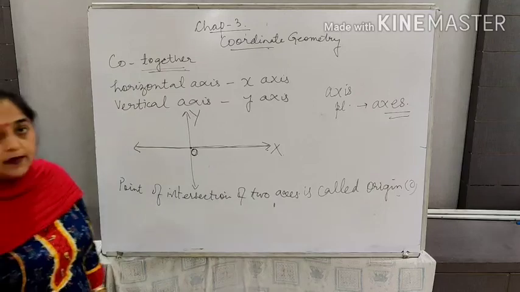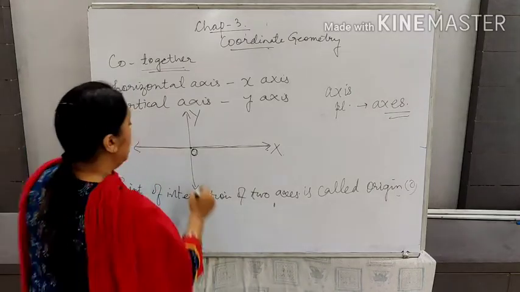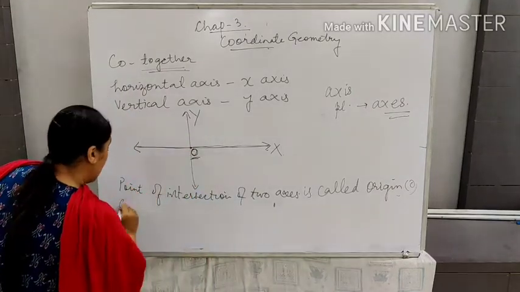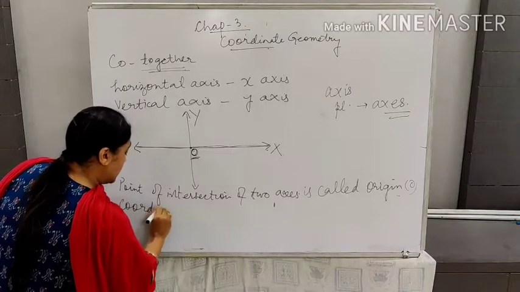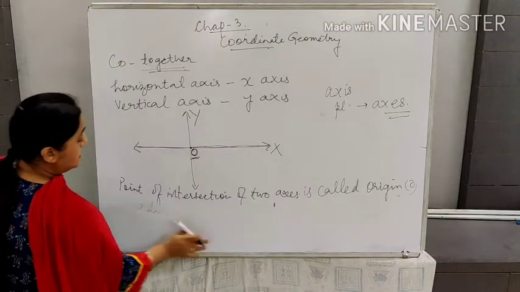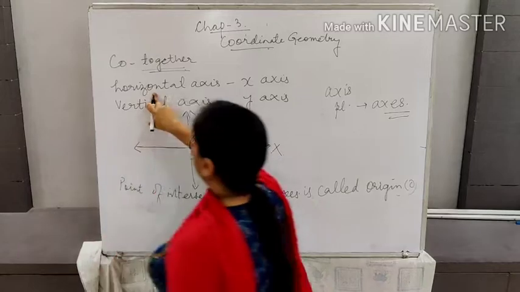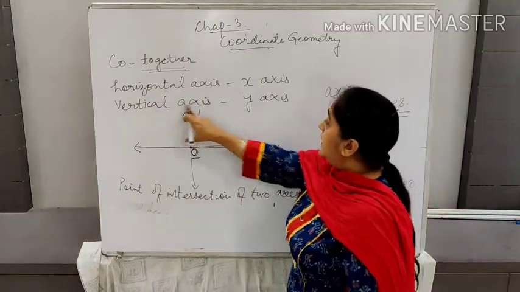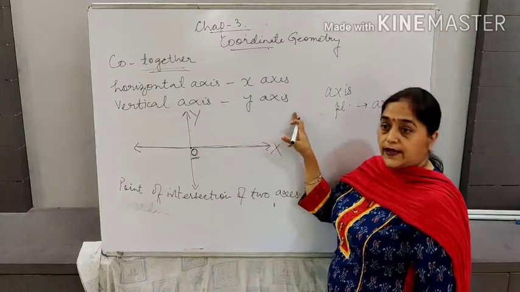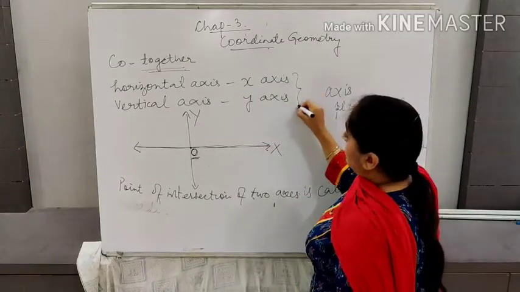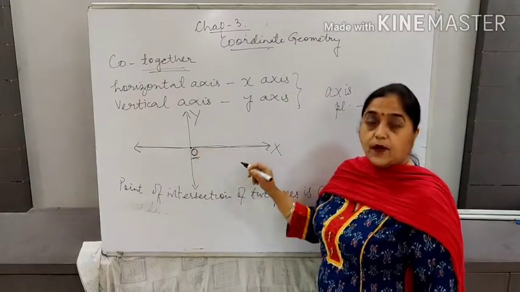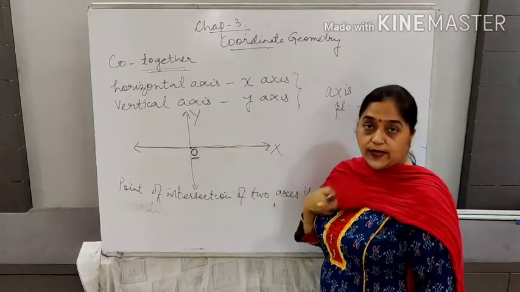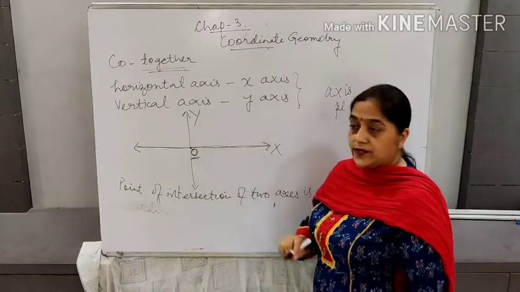And always remember, till class 9 or 10, the coordinates of the origin, I will talk about afterwards. First, the horizontal axis is called the x-axis, the vertical axis is called the y-axis, and together they intersect. The point of intersection of these two axes is called the origin.